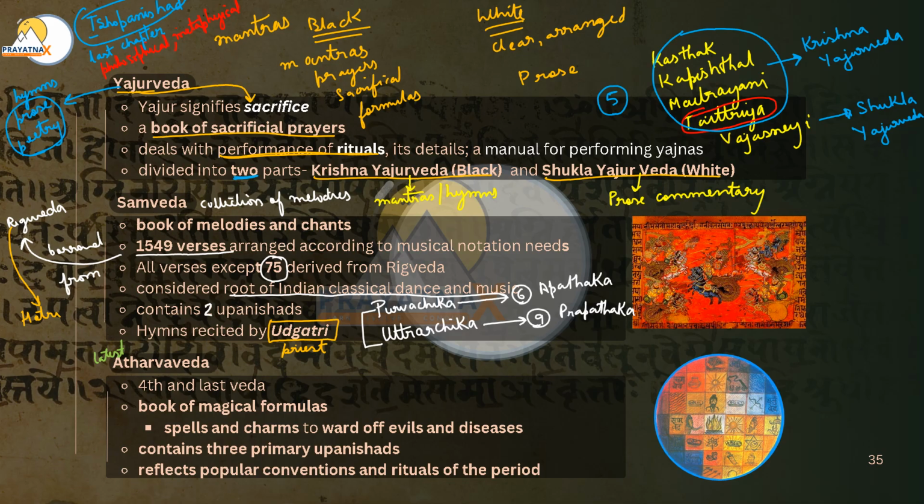Now it describes the popular beliefs and superstitions of the humble folk at that time. It is divided into 20 volumes and it contains about 1200 mantras which are directly taken from the Rigveda.